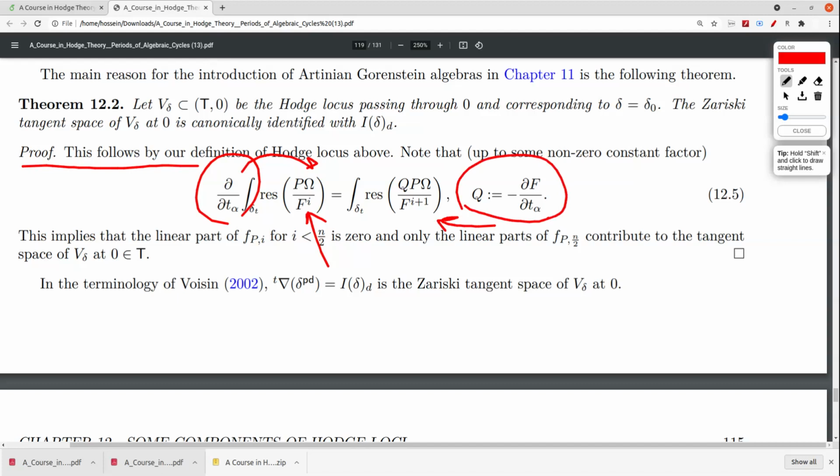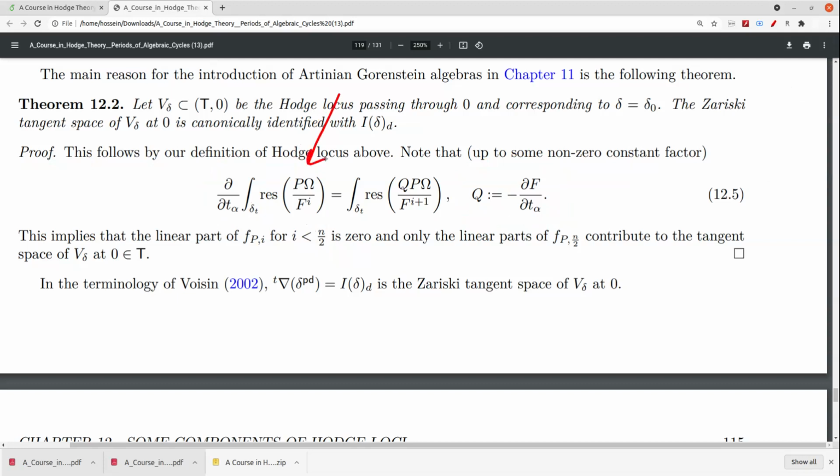So these p's are the ones which come from the definition of a Hodge locus.